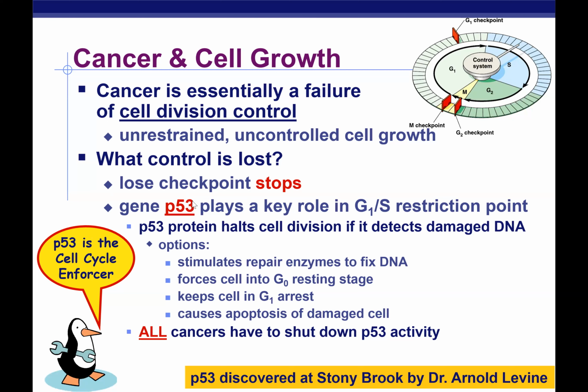This is the main culprit for almost all cancers which have been studied, where the P53 activity shuts down. As I told you, in a normal cell this gene needs to express itself, but in a cancer cell this gene is not expressing.